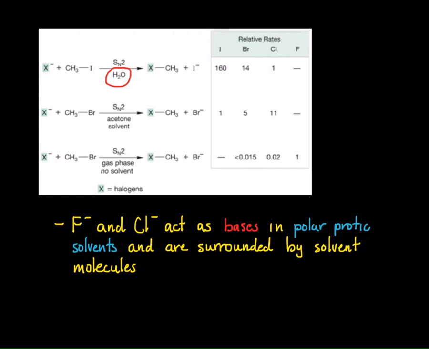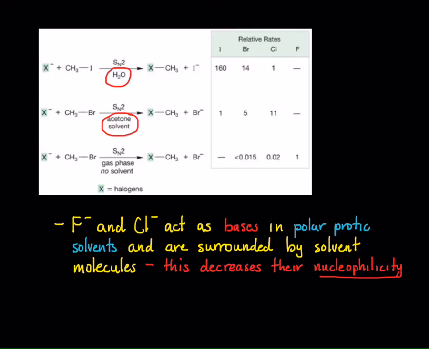They interact with the solvent and are surrounded by the solvent. The effect is that this decreases their ability to interact with the substrate. They're too busy interacting with the solvent to actually interact with the substrate. And so we say their nucleophilicity is suppressed.